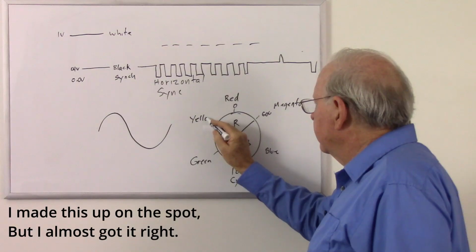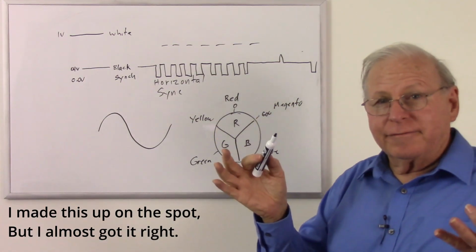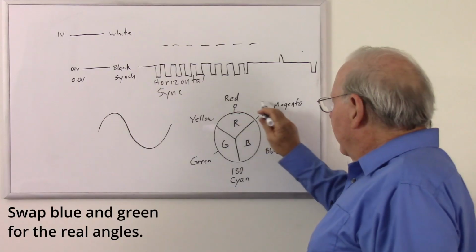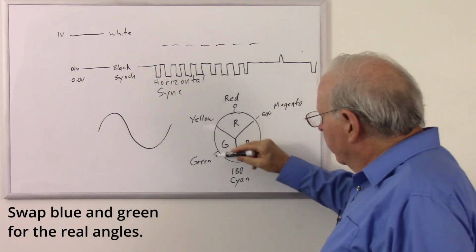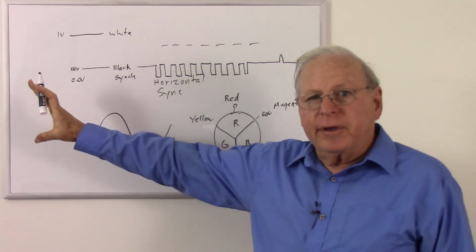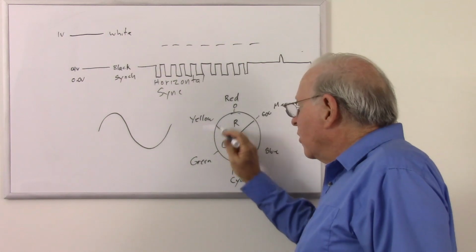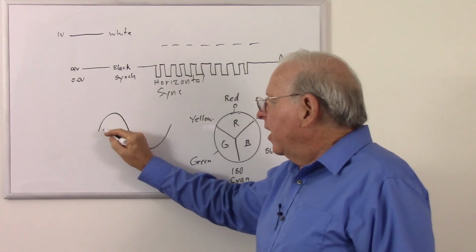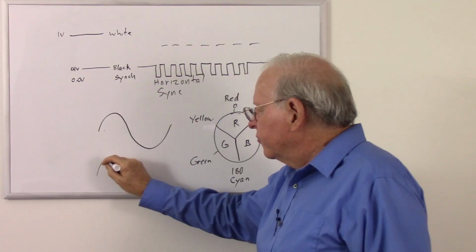So on your television, you mix red and green and you get yellow. Okay, so now we have all of our colors in this wheel. We can create any color in the rainbow by going around this wheel. So what we do is take the information coming from those three cameras, convert it into an angle, and we make that the phase angle of this sine wave compared to a master sine wave.